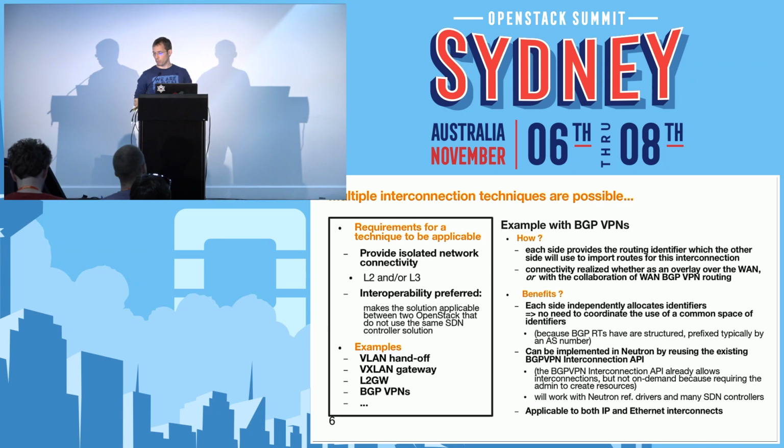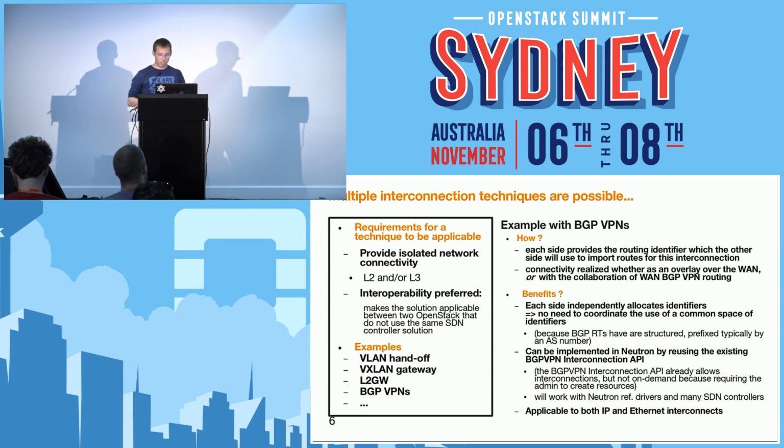The benefit of this approach is that since each side independently allocates identifiers, you don't need to coordinate the use of a common address or identifier space. The other benefit is that this approach can be implemented today in Neutron by reusing the existing BGP VPN interconnection API. This interconnection service would already allow some level of functionality to provide interconnections, but today it doesn't have any API workflow to make this possible on demand.